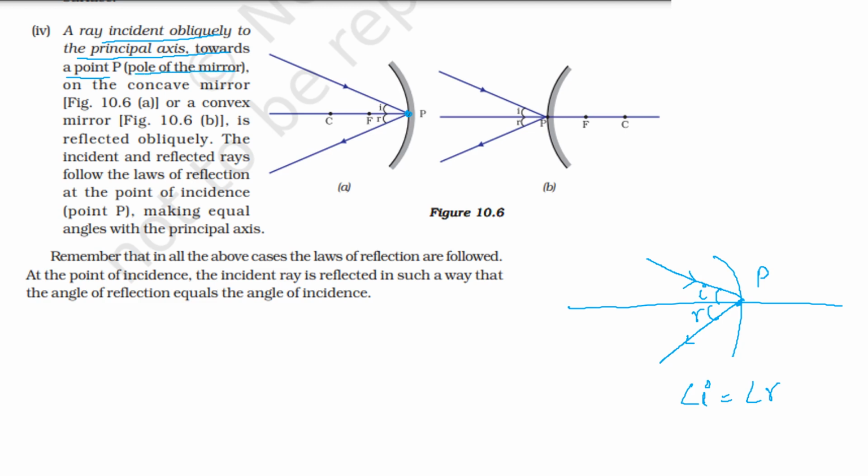Passing through the pole of the concave mirror or a convex mirror, it is reflected obliquely, meaning at whichever angle it comes to the pole, with the same angle it will come back from the pole. The incident and reflected rays follow the laws of reflection at the point of incidence P, making equal angles with the principal axis. So we studied 4 rules today, and any 2 will help you in locating the image.